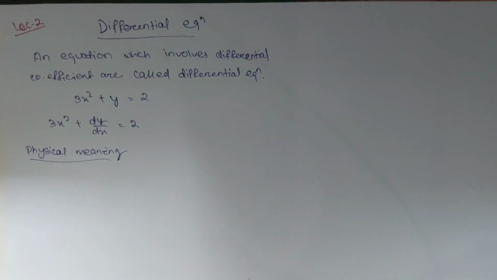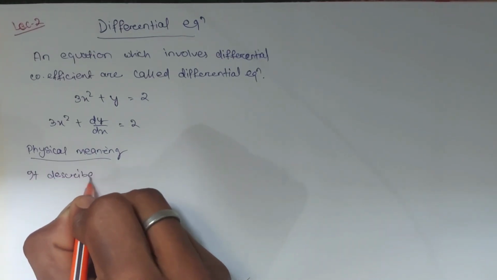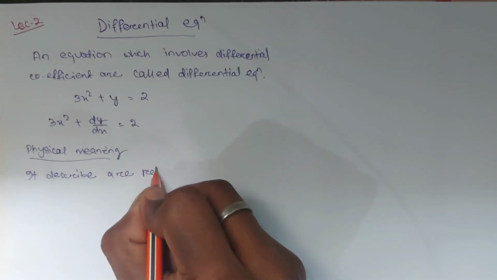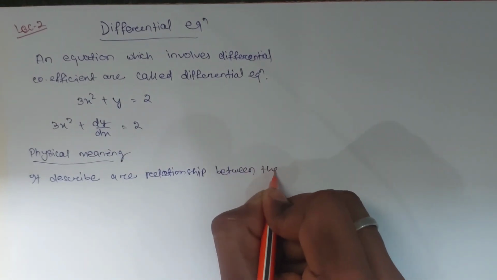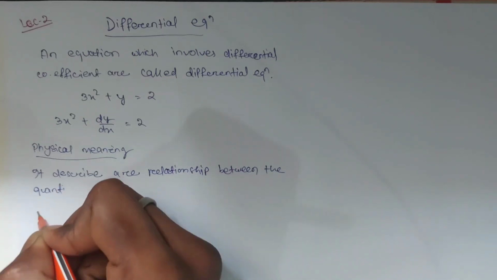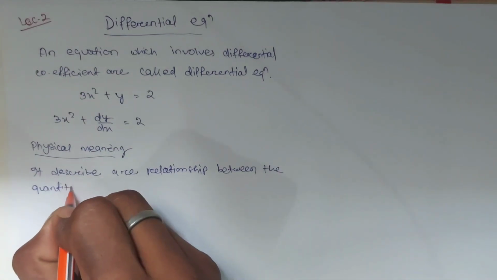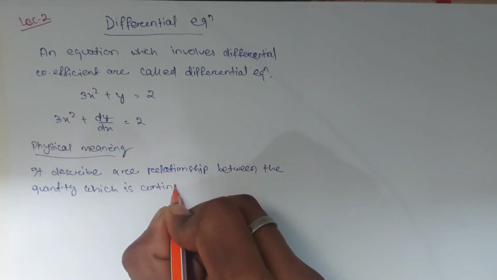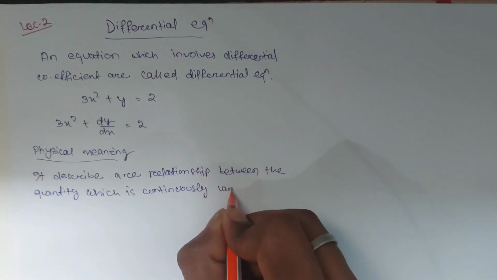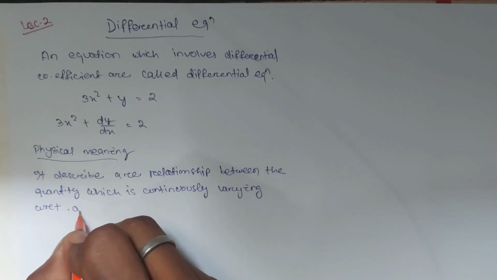The physical meaning is that a differential equation describes a relationship between a quantity which is continuously varying with respect to another quantity.